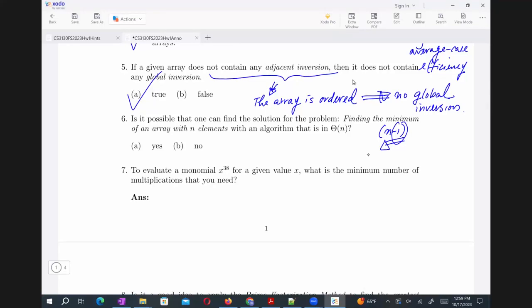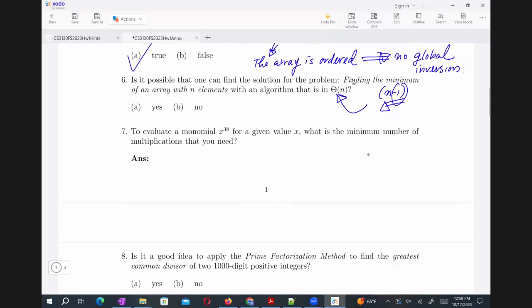But here it's 1. So it is in big theta. That's it. The good thing is most of you get this one. You're fine. But I just feel some students may have some doubts here.